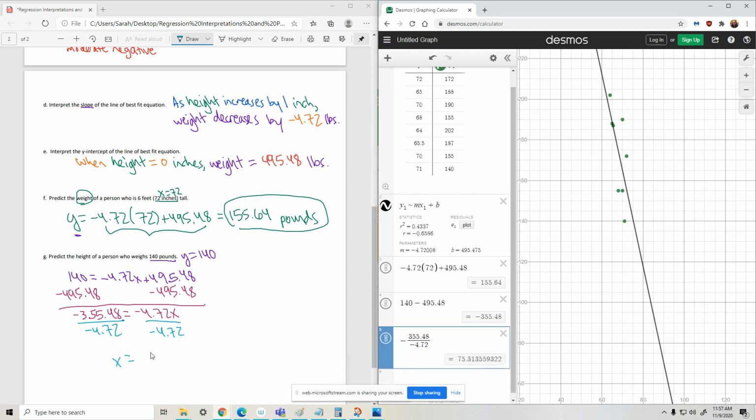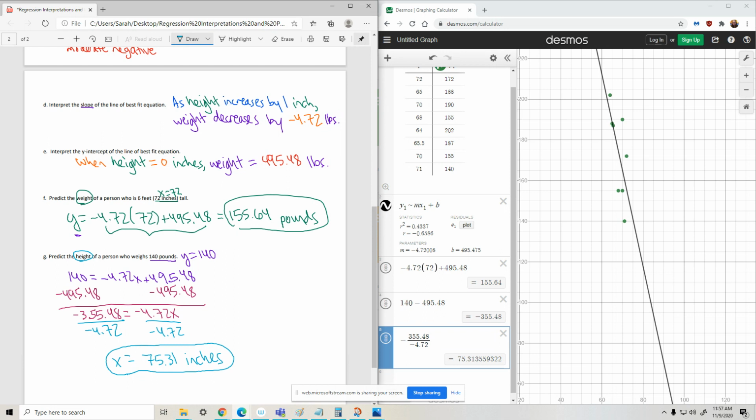We get x equals 75.31. What is x measuring? X is measuring the height. Height in this problem is being measured in inches. So if a person weighs 140 pounds, based off of this equation, we expect them to be 75.31 inches tall, which is about 6'3", if you think about things in terms of feet and inches.